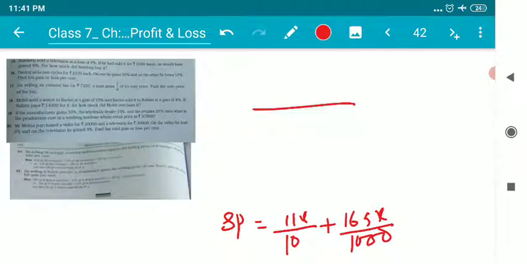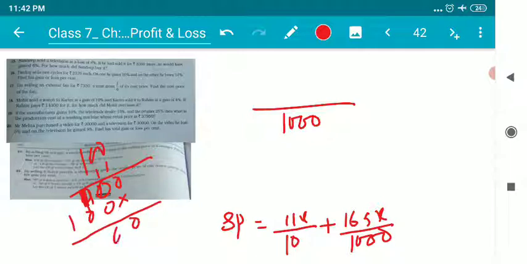If we add them, the LCM will be 1000 only. 1000 divided by 10 is 100. 100 into 11x. 100 into 11 will be how much? 1100.